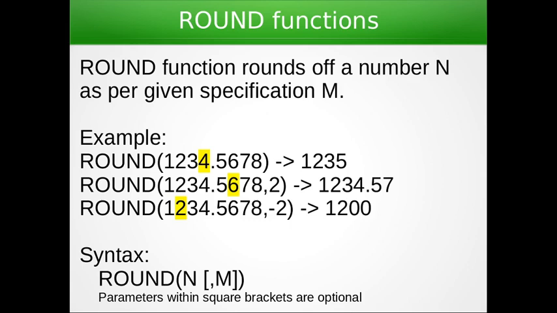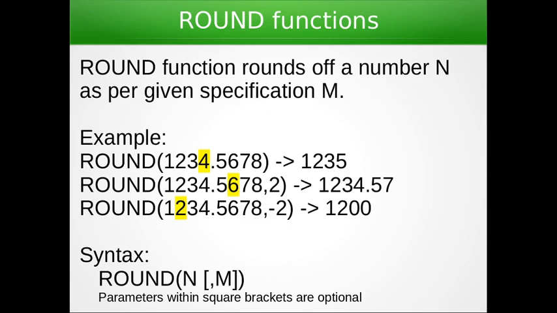Next is round function. Now what is round function? Round function rounds off a number n as per given specification m. So examples, you can see round the number, any number you can take, but we have taken 1234.5678.